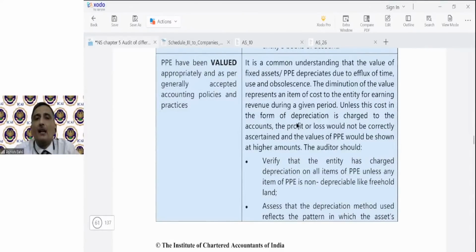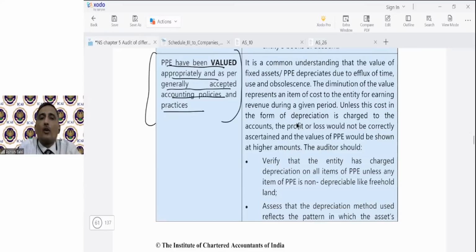So PPE have been valued appropriately and as per generally accepted accounting policies and practices. Now valuation. Valuation of PPE items is very important, students. How is valuation of PPE items done? So, as per AS 10 students, it is recognized that value of a PPE item decreases over time.